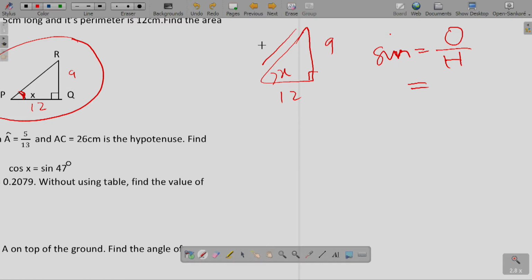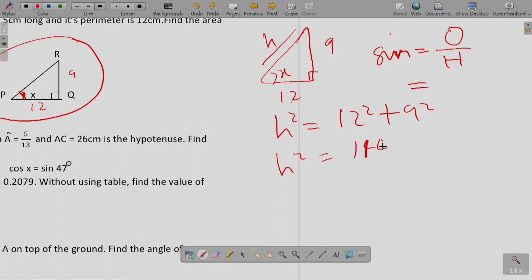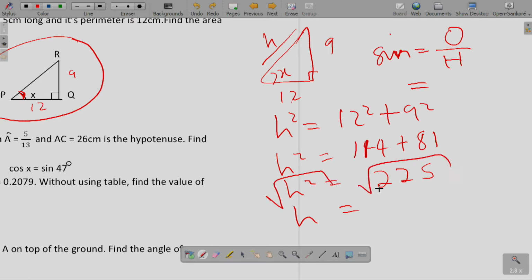So the length of hypotenuse, h, by Pythagoras theorem, h square is equal to 12 square plus 9 square, which is 144 plus 81. And here we get 225. So h is equal to, putting square root on both sides, 15 centimeter.